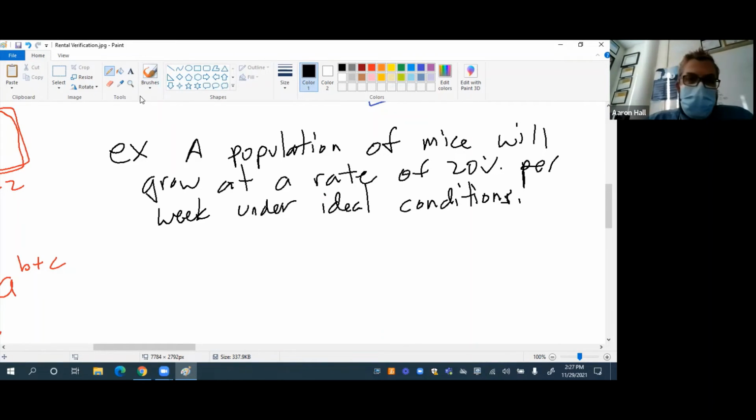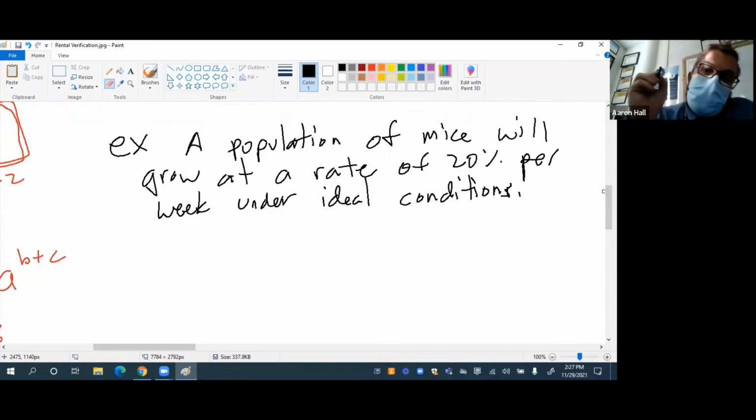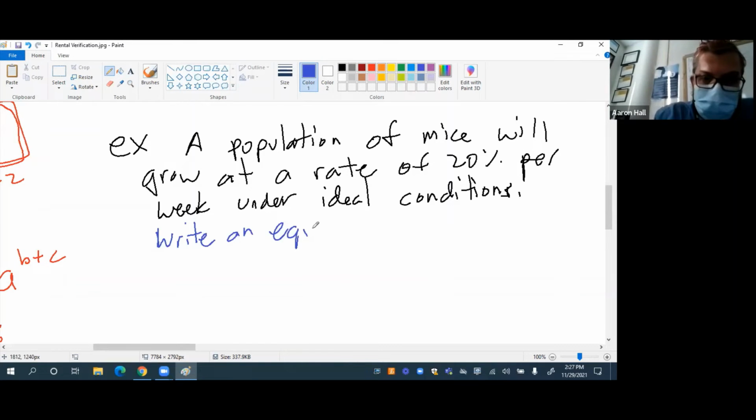The population of mice will grow at a rate of 20% per week. Write an equation for the growth of a population of 100 mice.